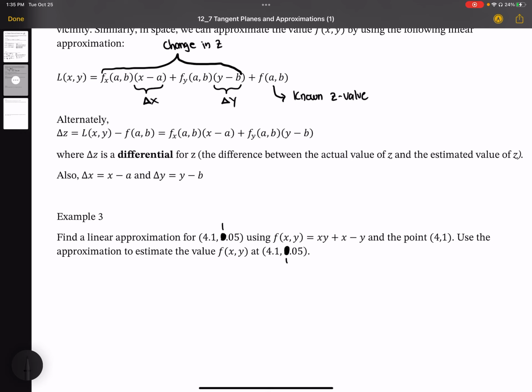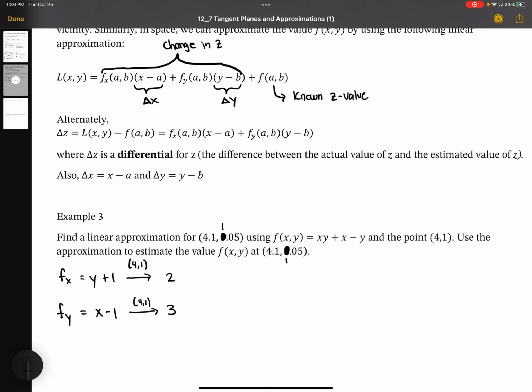So we need the partial derivative for x, which is y plus 1. And if we evaluate this at the point 4, 1, that's going to give us 2. And then fy is going to equal x minus 1, which we evaluate at the point 4, 1, and we get 3.